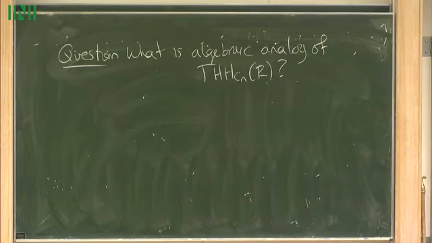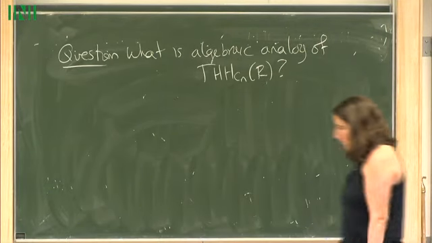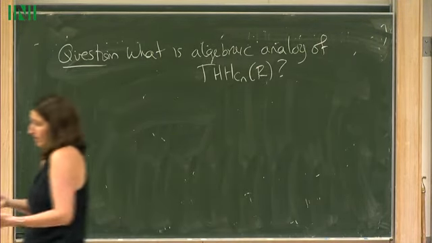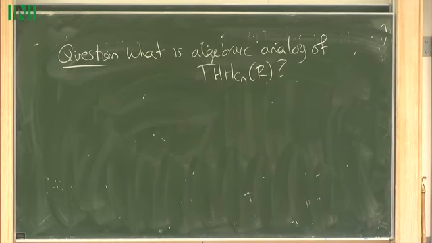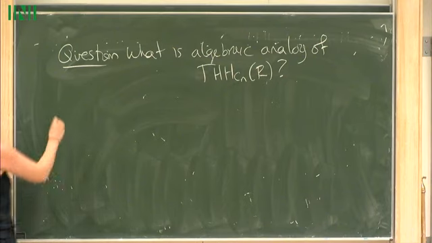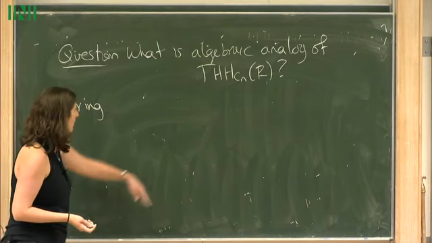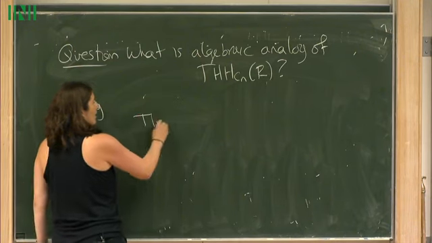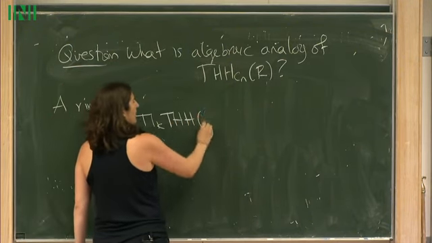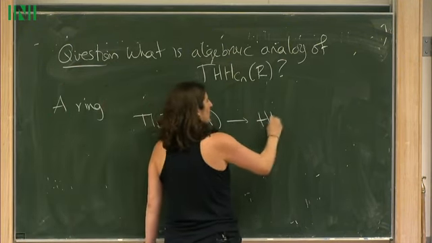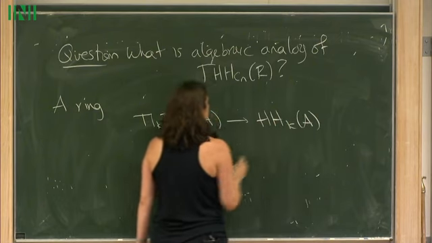Okay, and before we can answer that, I guess we need to ask ourselves, what do we want out of an algebraic analog? Like what would make us happy to have in order to call it an algebraic analog? Well, for that, let's return for a moment to the classical case. So when A was a ring, what did I say happened? Well, I said we have a map from THH of A to the Hochschild homology of A. So this was called linearization.